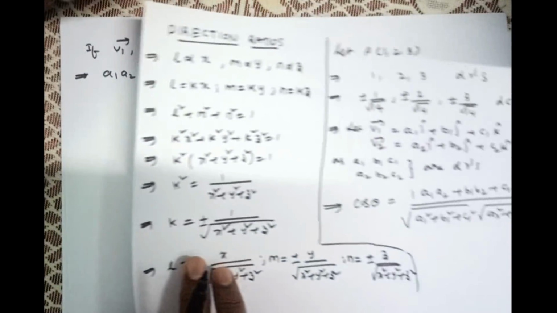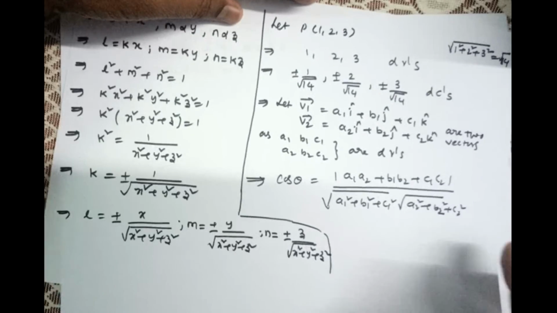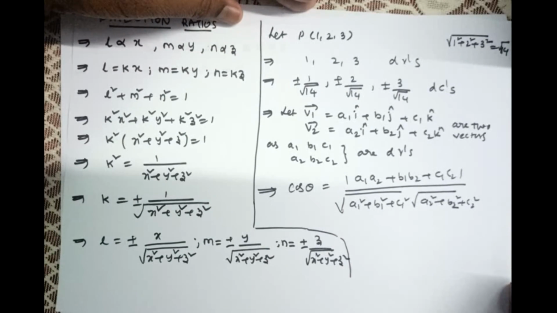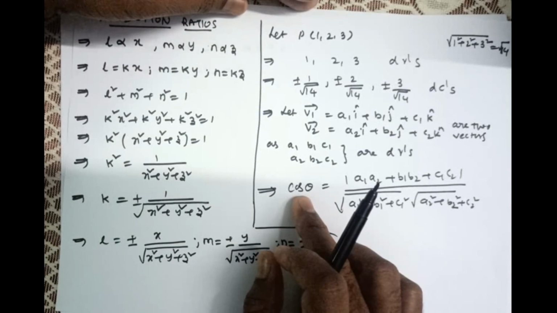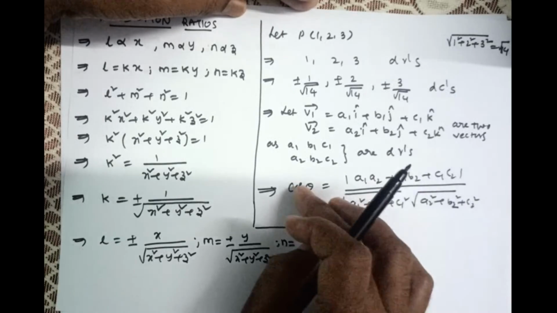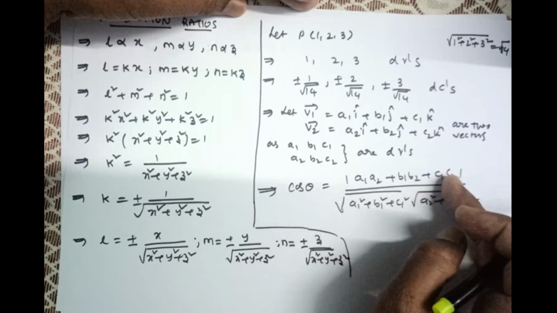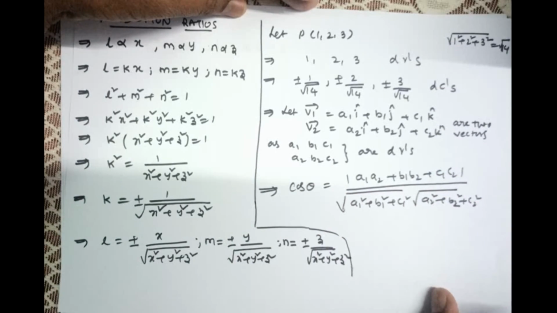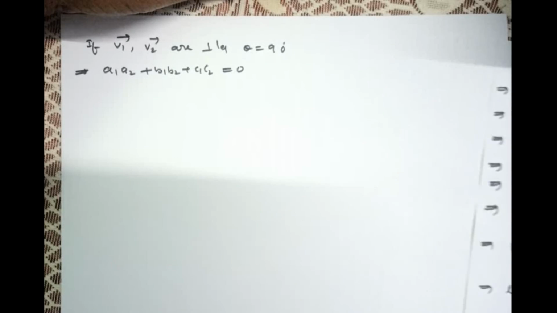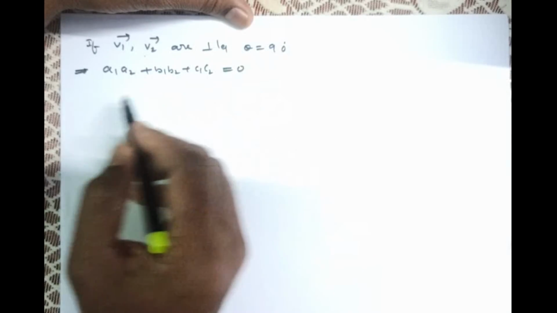So when v1 and v2 are perpendicular, this is the condition.